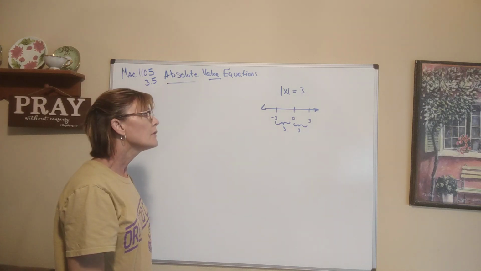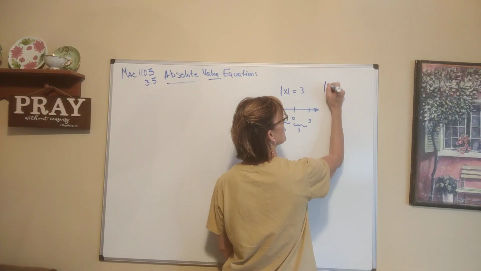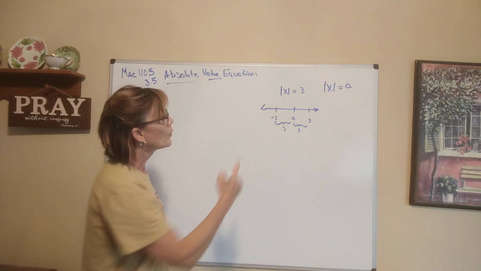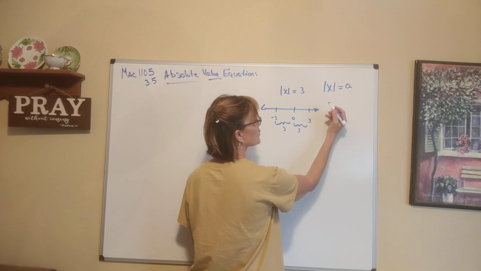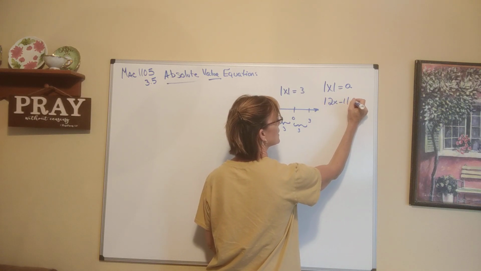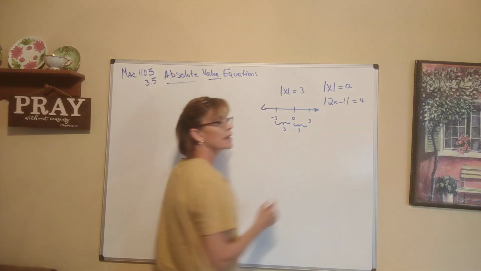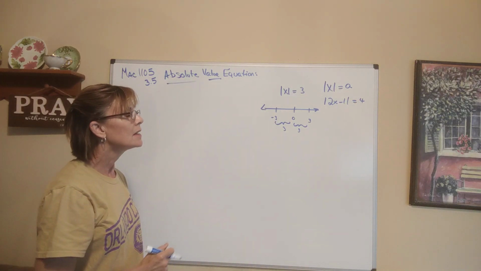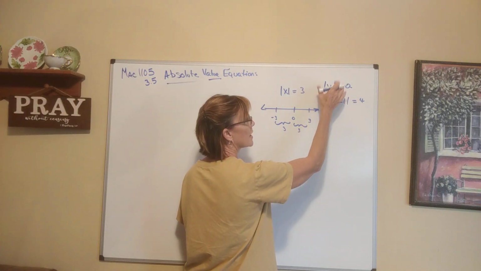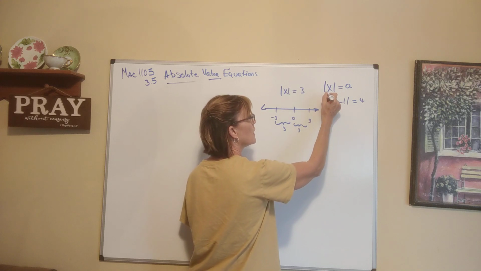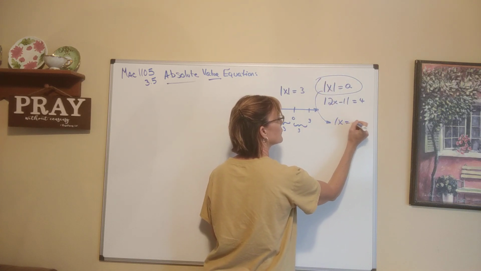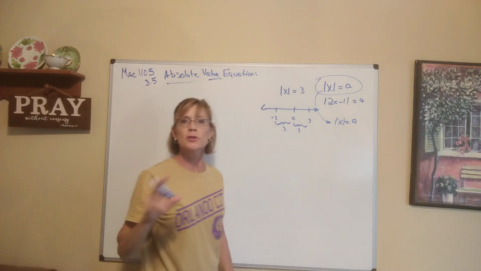So when you're solving an absolute value equation, if you have the absolute value of x is equal to some number a, where x can be just x, or x can be an expression of x, something like 2x minus 1 is equal to 4, then when you take off the absolute value symbols, you remove them carefully and it forms 2 equations.